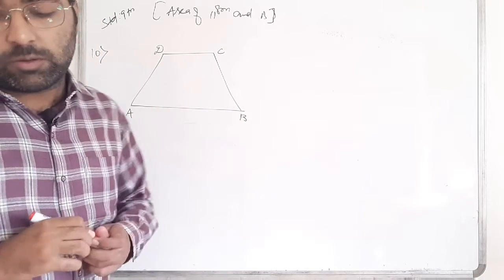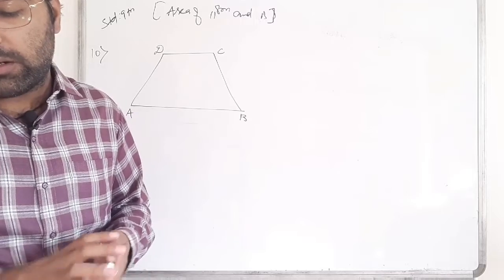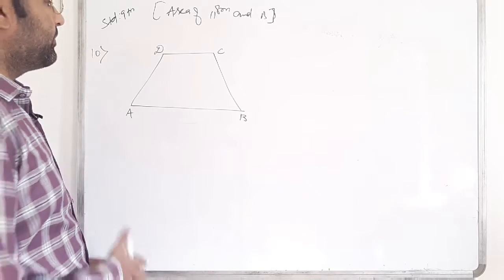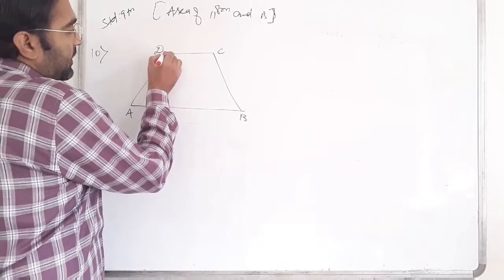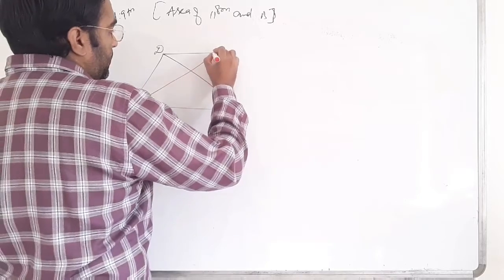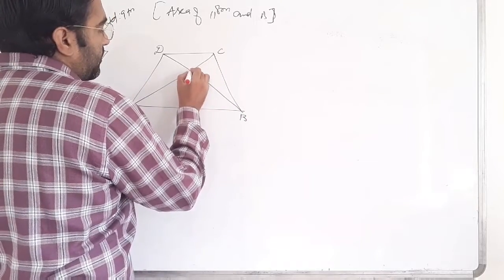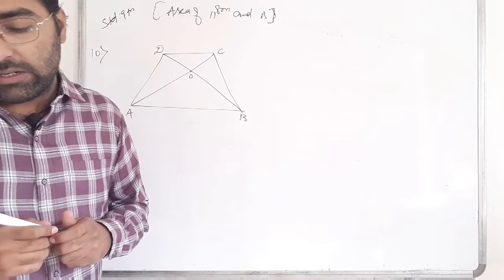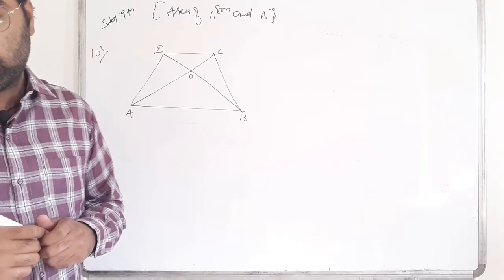Clear? So its diagonals BD and AC intersect each other at O, and AB is parallel to CD, is given.